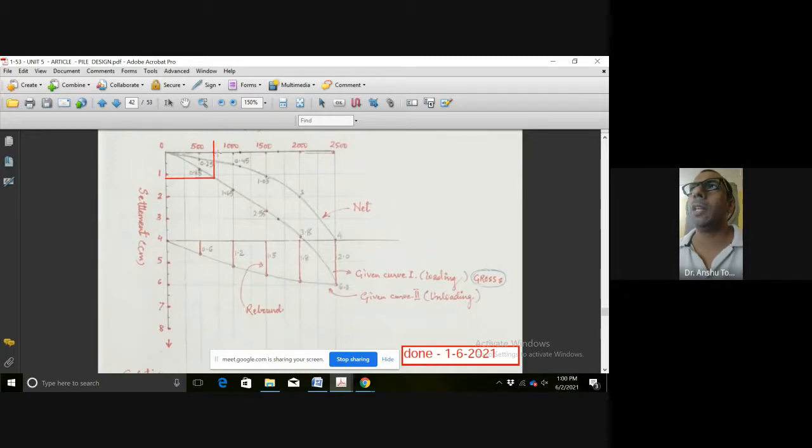So this is half, which is 750 kilonewton. Half of 750 is going to be here, which is going to be 625 kilonewton. And between 625 and 750, we have got this value which is going to come 680 kilonewton.